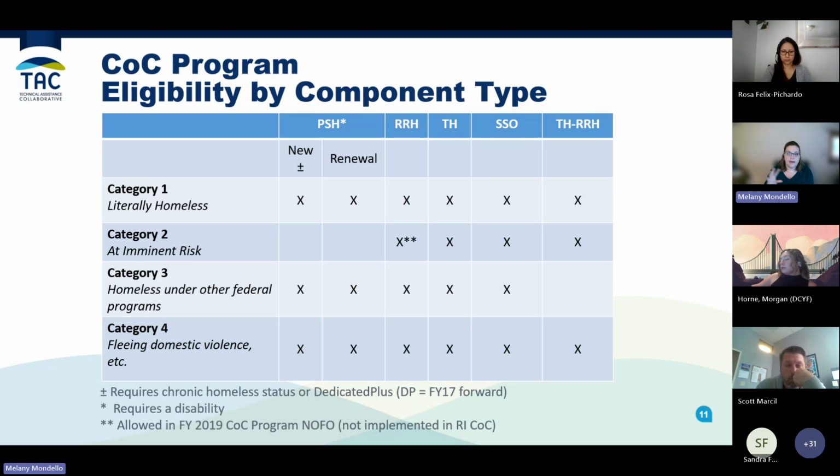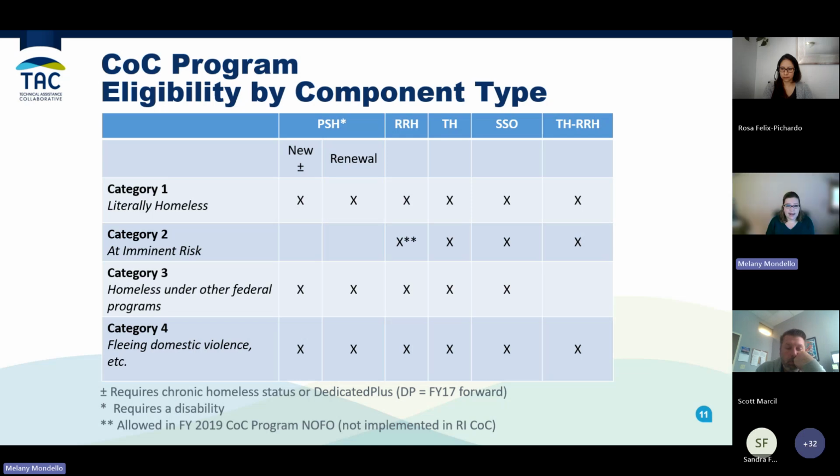So it's something that is there in the NOFO, but your coordinated entry system and how you agree to prioritize as a community, that's not a priority population right now, even though there is a lot of need. So I just wanted to highlight that because we're going to be talking about these big global things today. And each year in the funding application, HUD can change the rules about what's allowed and not allowed. So I just wanted you to have all this information in case in 2 years something is different and this changes for your CoC.